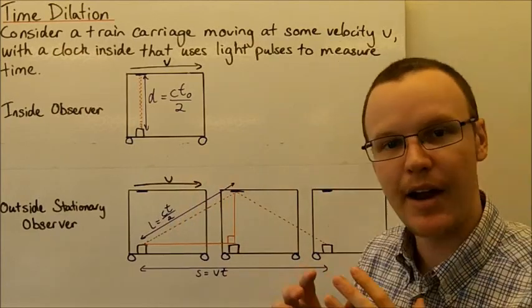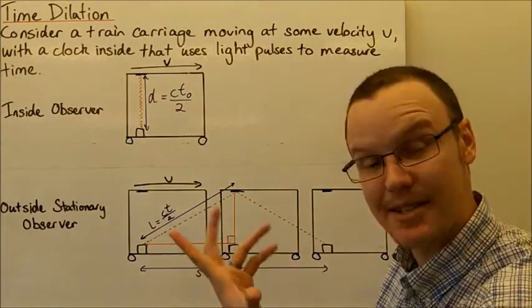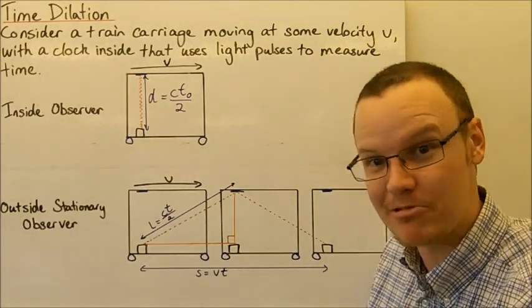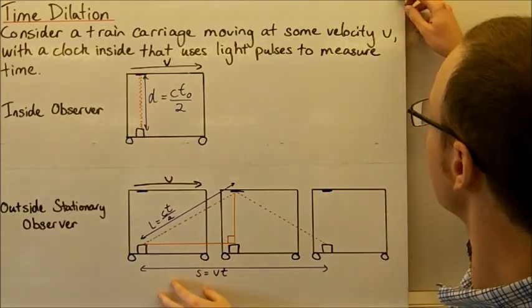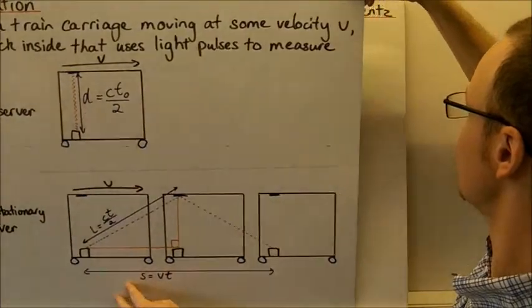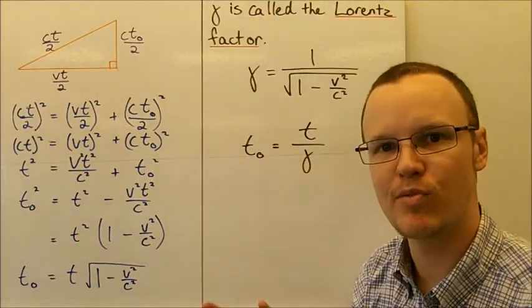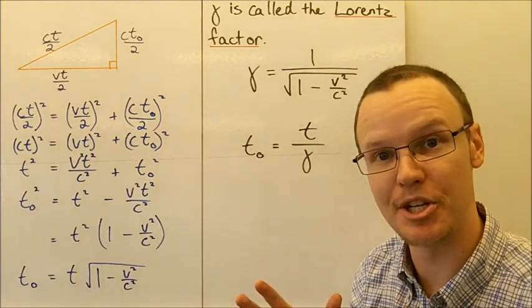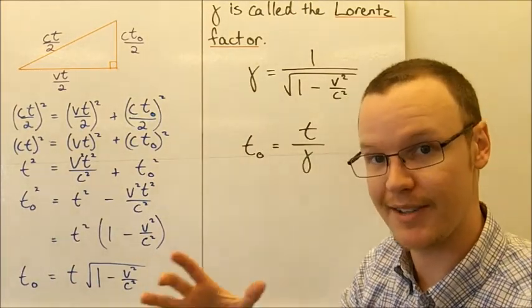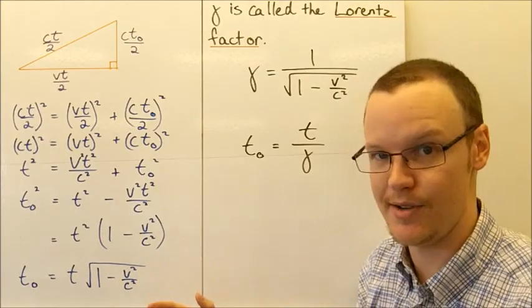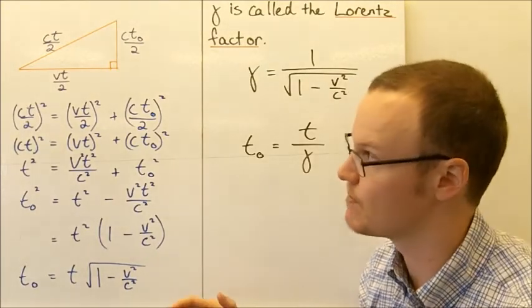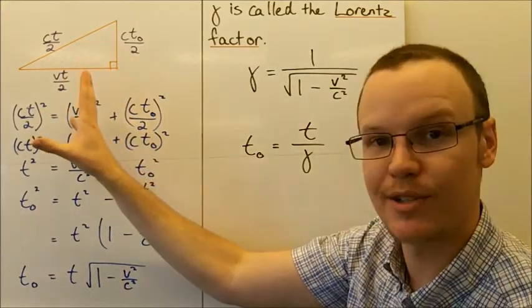Okay, and Einstein had a look at this Pythagorean triangle and just used Pythagoras' theorem on it to determine a relationship between the time that's observed from the outside observer and the time that's observed by the observer that's inside the carriage.